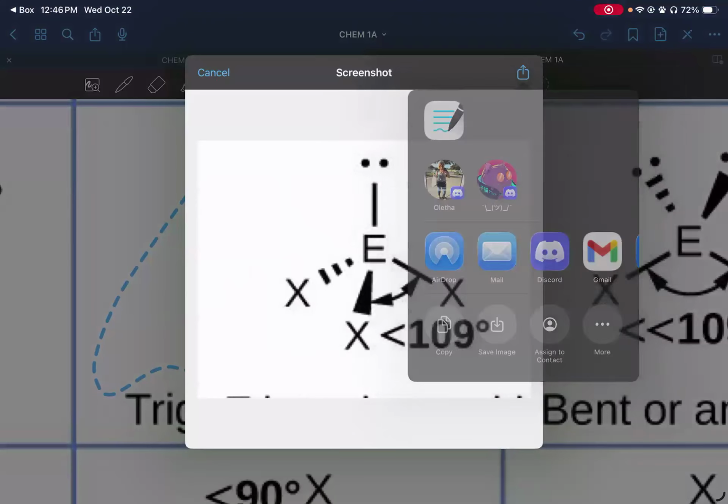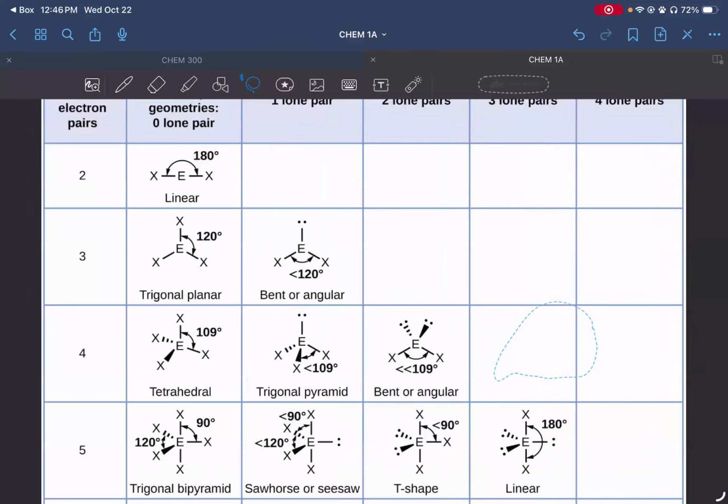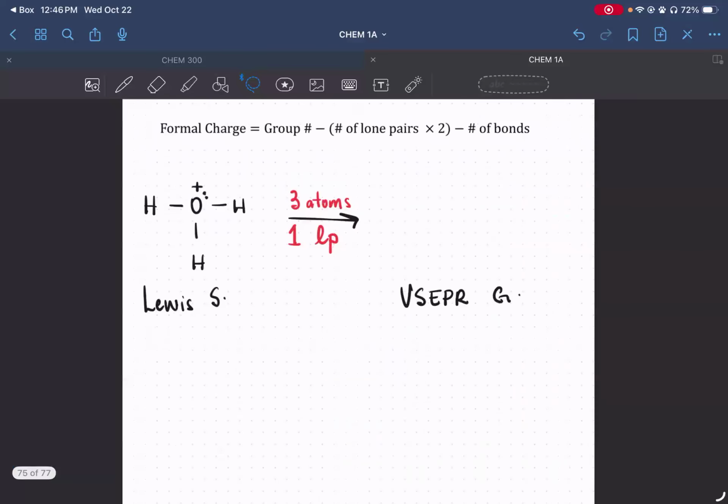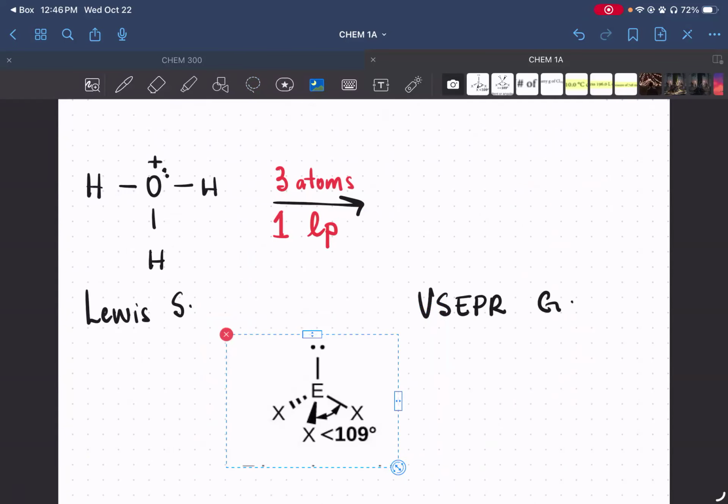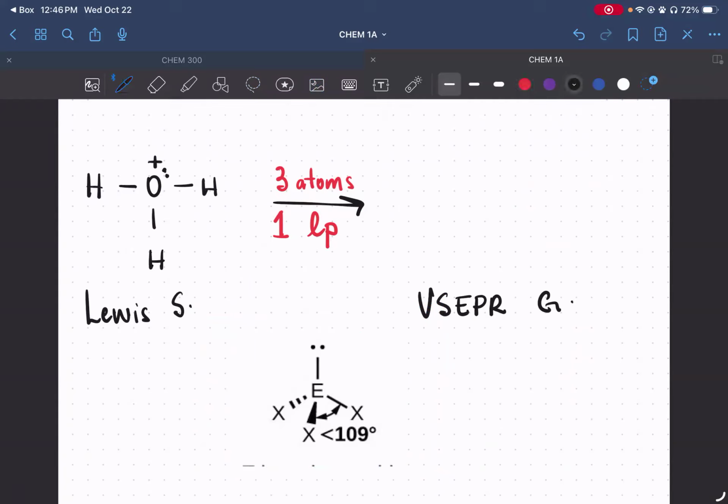So we're going to take this template over and we're going to draw the H3O plus. We have oxygen in the center. We have our wedge, our dash, and our bond. Each of those are connected to atoms, so they're all hydrogens.